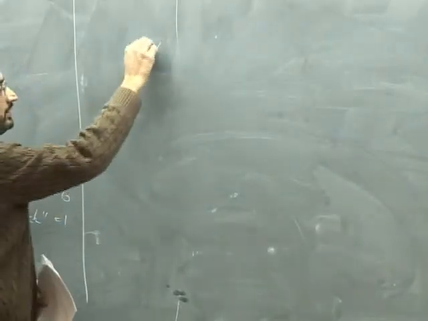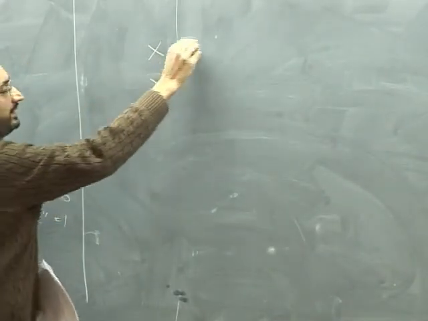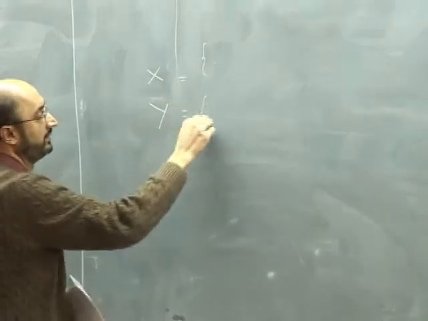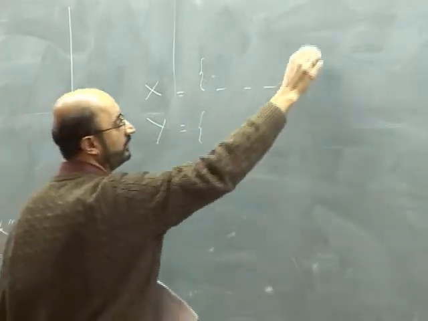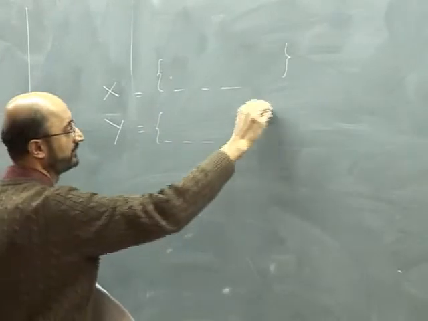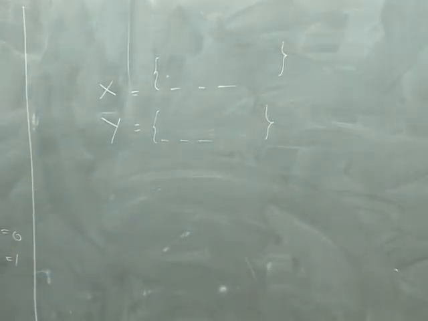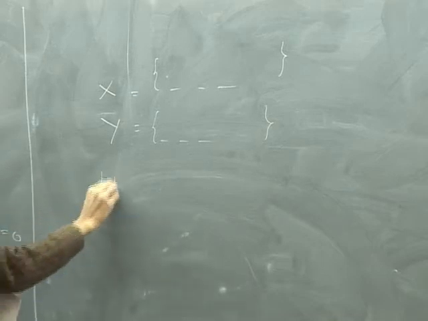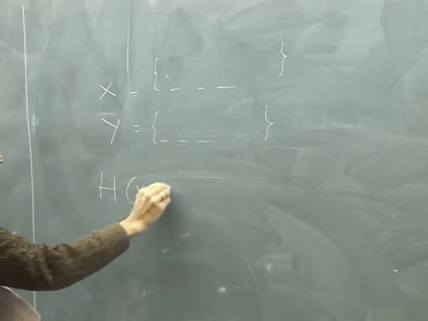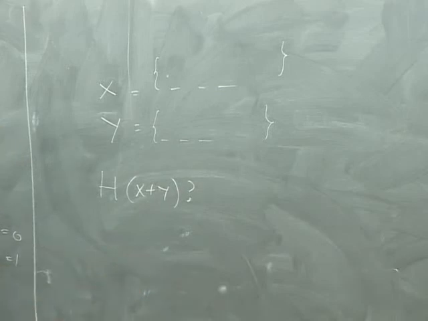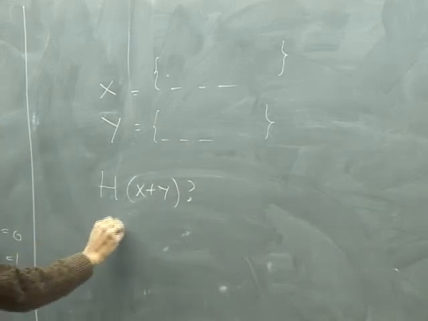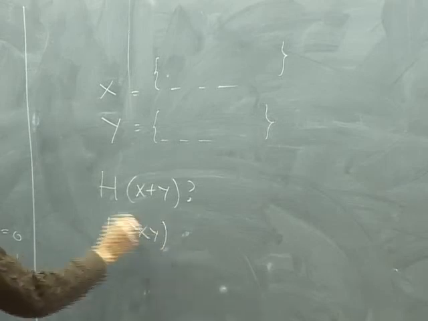So here we had two random variables, x and y, and x had some probability distribution, and y had some other distribution. I asked you for the entropy of x plus y. First of all, what I really meant to say was what's the entropy of (x, y), the joint distribution of x and y, not this.